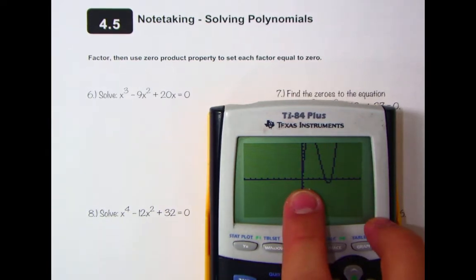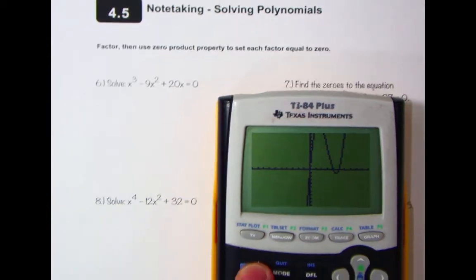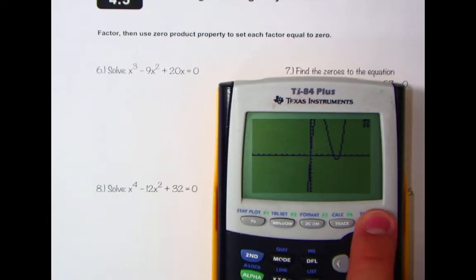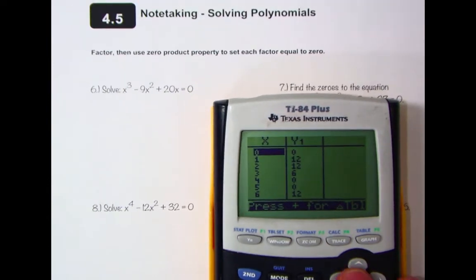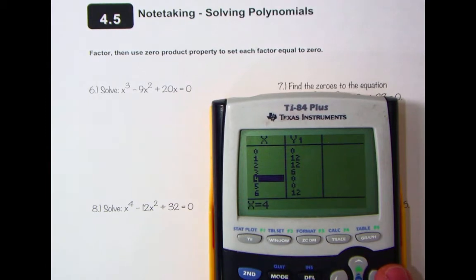You can see here that it looks like it crosses at 0. We can verify this if you hit second, graph, and look at your table. Anywhere where the y value is 0, that is an x-intercept. You see that you have it here at 0. You also have one at 4, and you have one at 5.